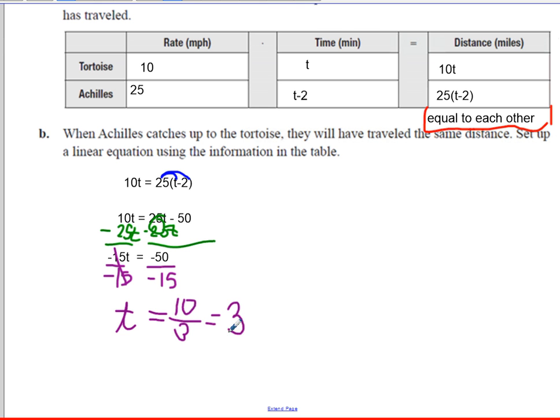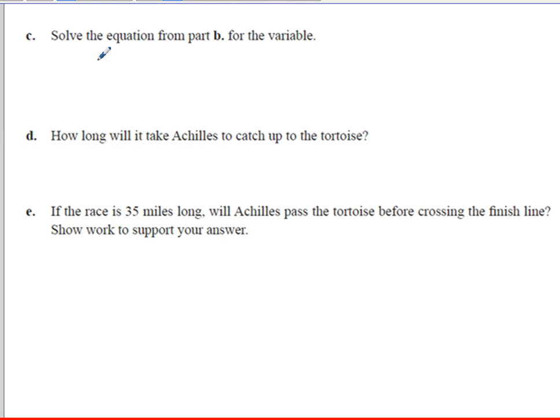So we'll have 3 1/3 hours as t, which represents the tortoise's time. So we already solved it. T equals 3 1/3 hours.